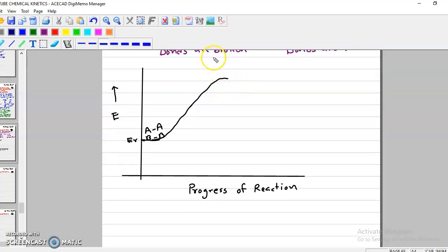When A and A go away from each other, maybe to infinite distance, and B and B also move away to infinite distance, there is no attraction or repulsion between 2A and 2B, or between A and B. Here all atoms are free. This is known as the transition state.